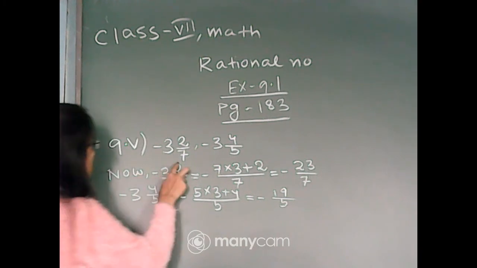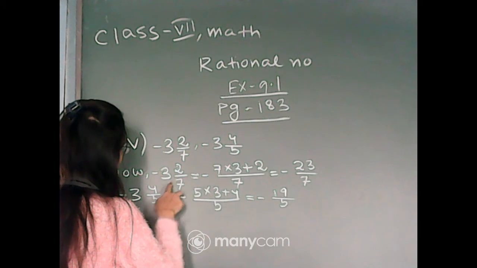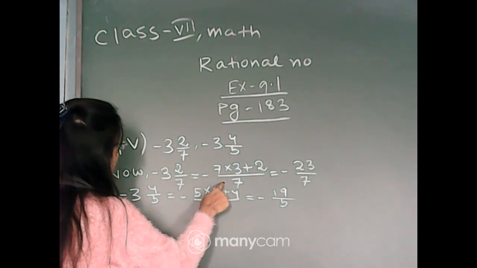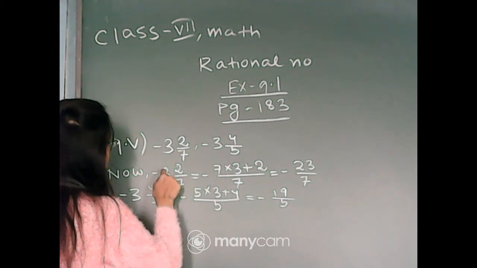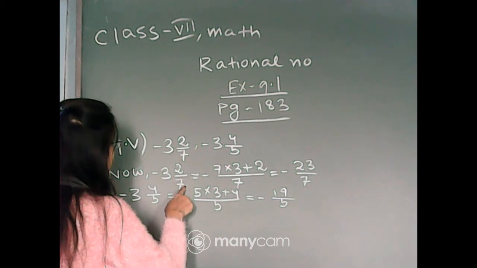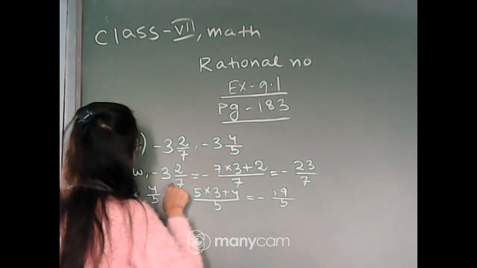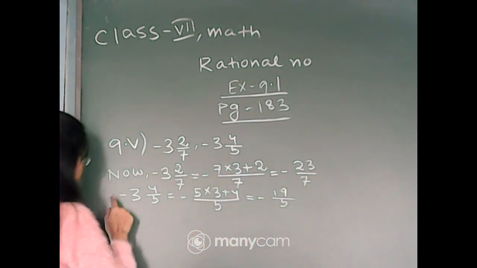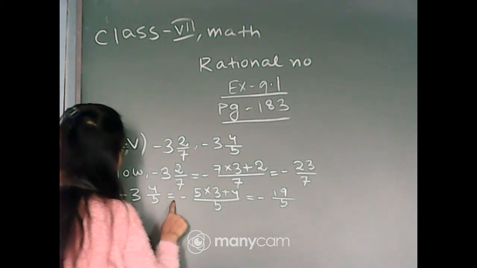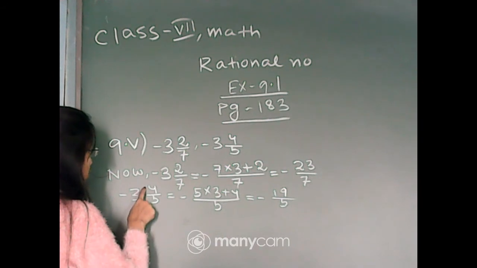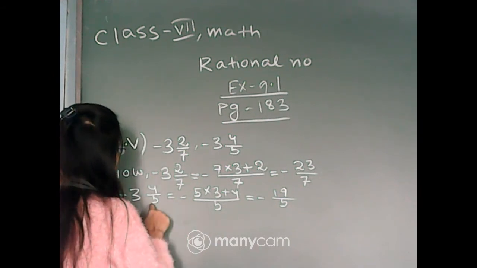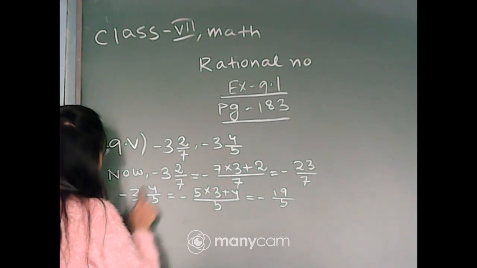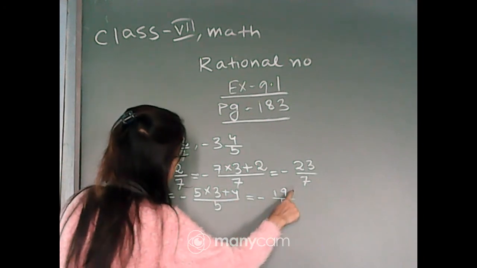So, minus 3 whole 2 by 7 is equal to denominator into whole plus numerator divided by denominator, that is minus 7 into 3 plus 2 divided by 7, that is minus 23 divided by 7, and minus 3 whole 4 by 5 is equal to denominator into whole plus numerator divided by denominator, that is minus 5 into 3 plus 4 divided by 5, that is minus 19 divided by 5.